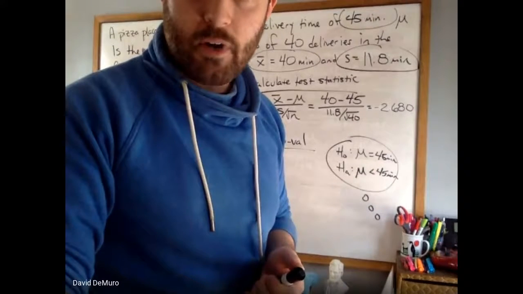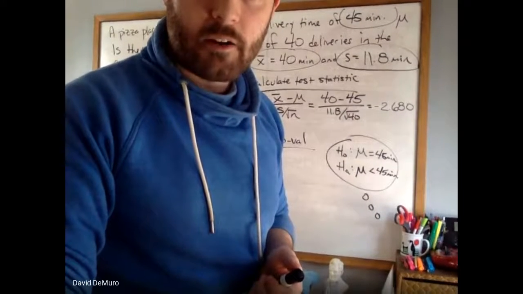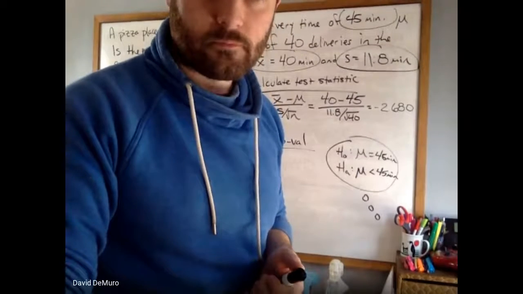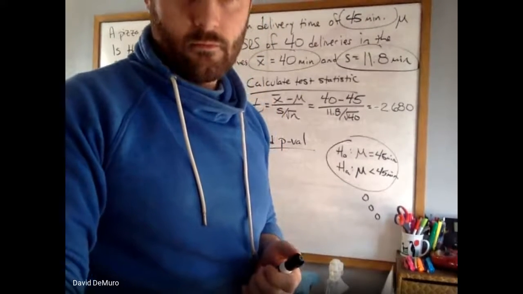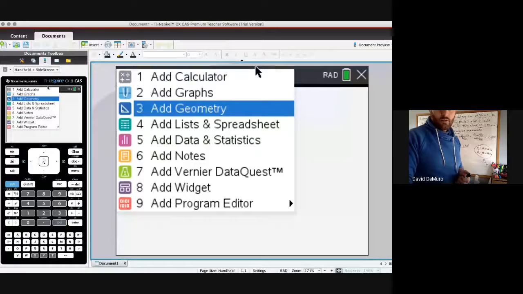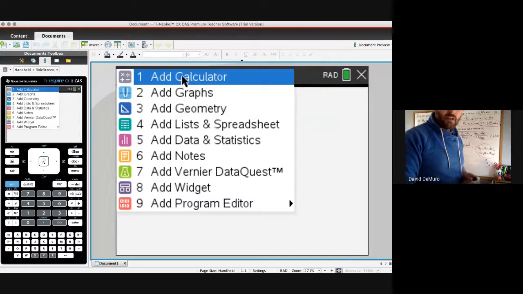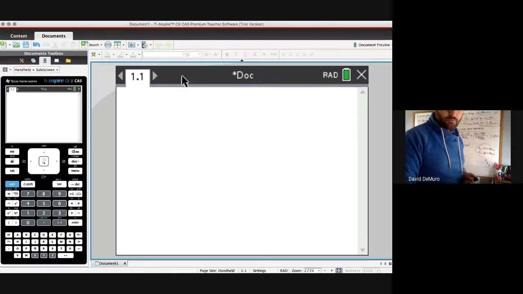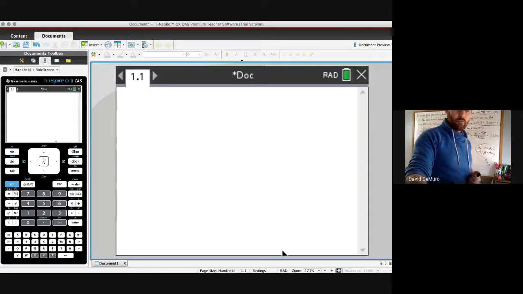On the Inspire. So let me pull up the Inspire. All right, so if we go to a calculator page, we'll open up a new document, go to Add Calculator, where you can find the p-value using the test statistic that's a t-score.